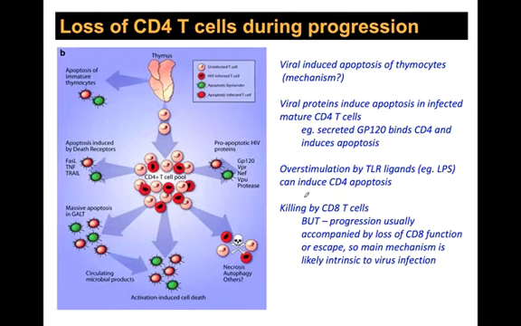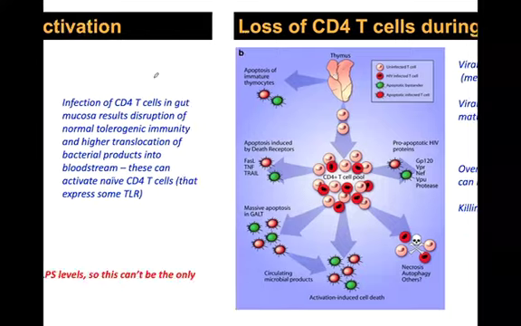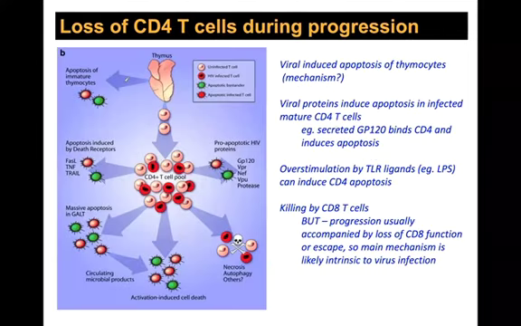But ultimately what's happening then is you lose CD4 T cells, okay? That is the defining characteristic of HIV-induced AIDS. Some of the things that can happen are that HIV can cause stimulus of cells in the thymus to actually delete HIV-specific cells.